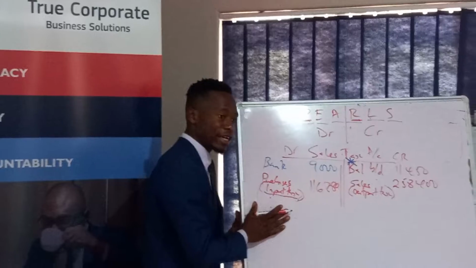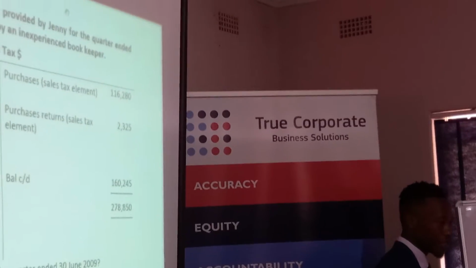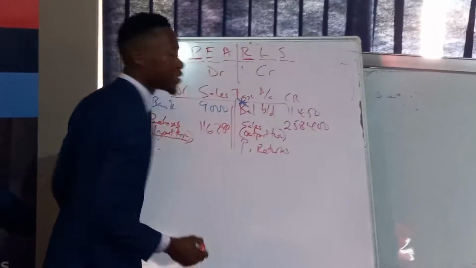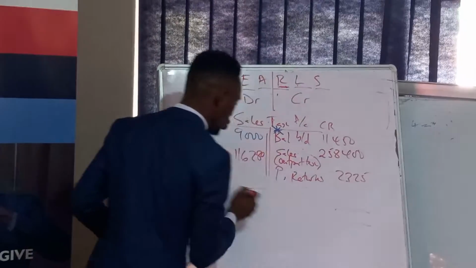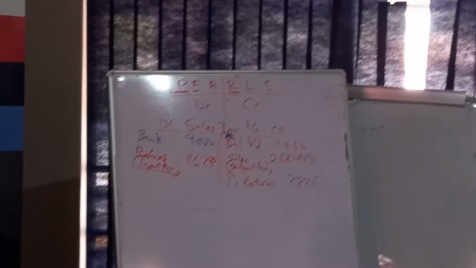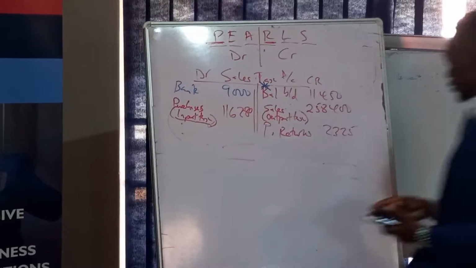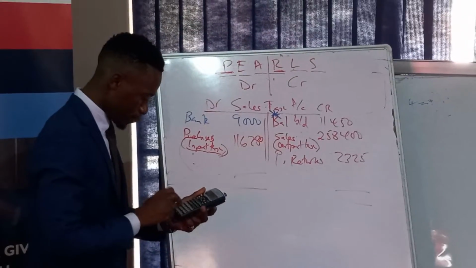Purchases, if they are on this side, what about the returns? They can't be on the same side with the purchases. Purchases here, purchase returns on the opposite side, which is 23,25. You close off your account. If you do the number crunching exercise, what do you get? Right. So looking at this, the credit side exceeds the debit.